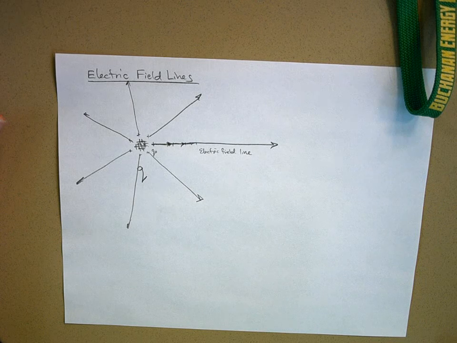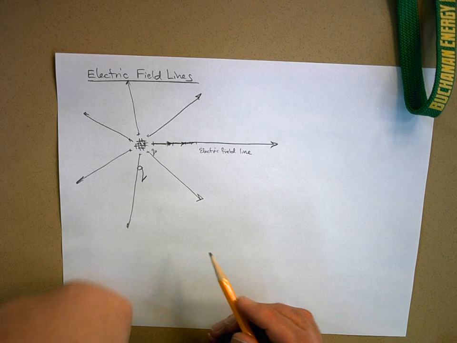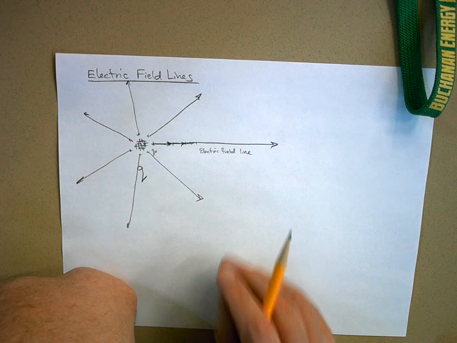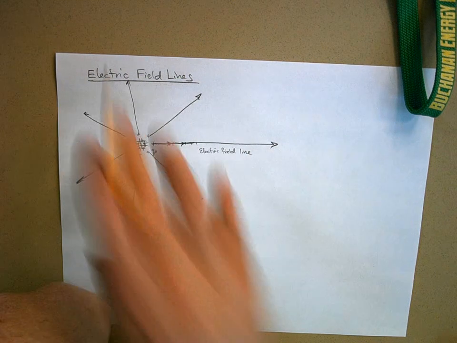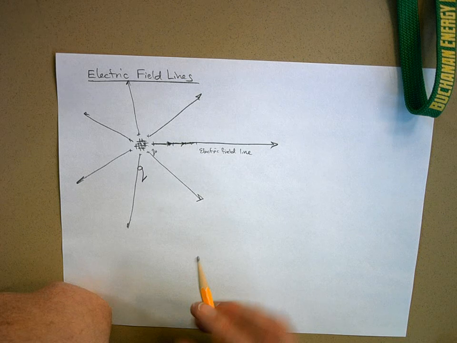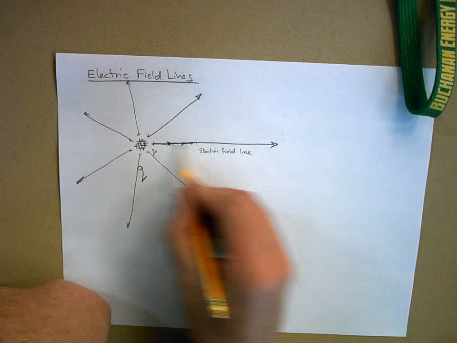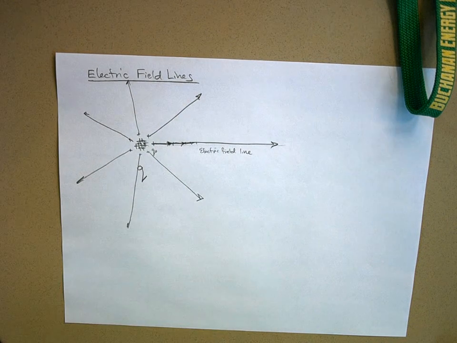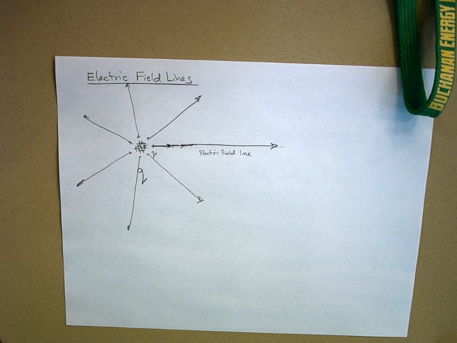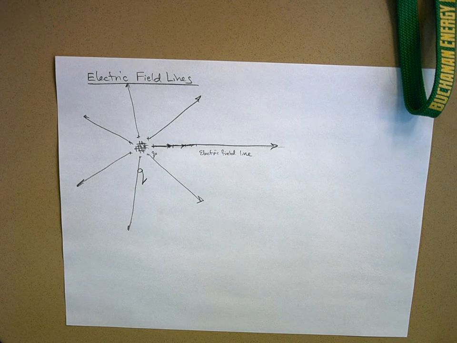Now, one of the things you notice is that how many field lines you draw is kind of arbitrary. You just want to draw enough to visualize the space around it. But where do these field lines end? Well, the universe is electrically neutral. That means there's just as much positive charge in the universe as there is negative charge.